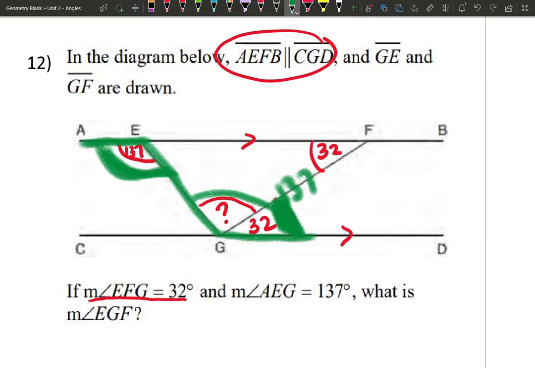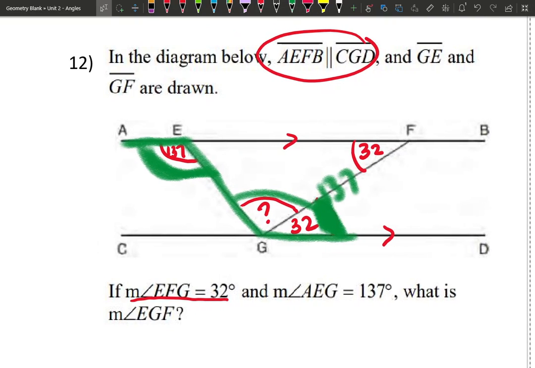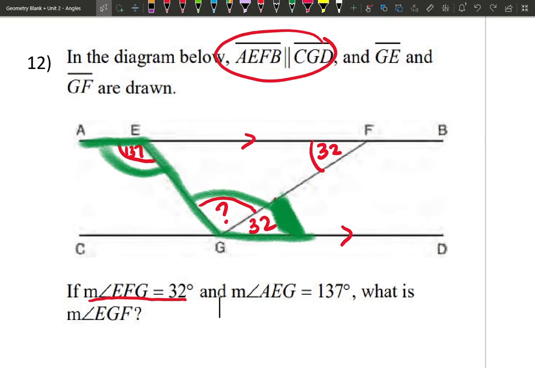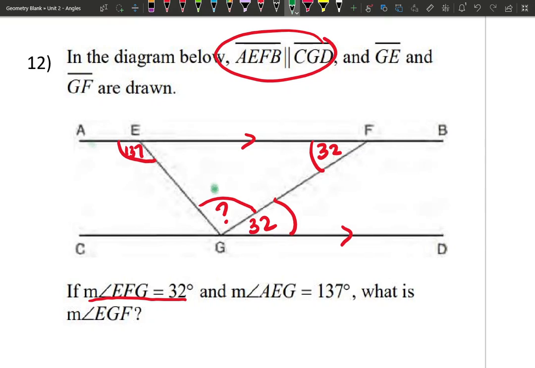So 137 minus 32, I get 105. Let's undo all of that stuff. So this is 105.